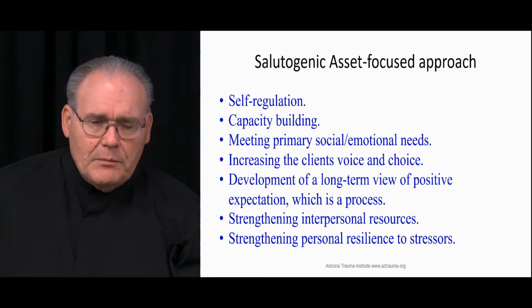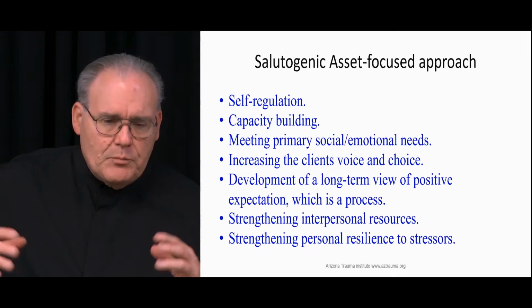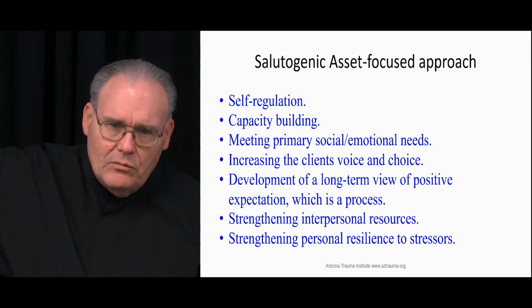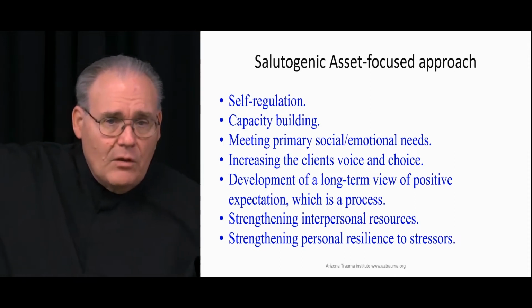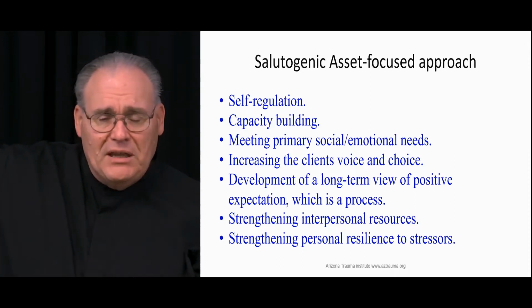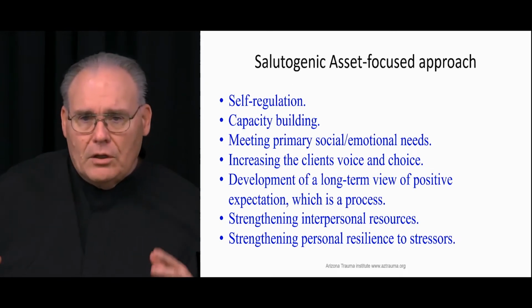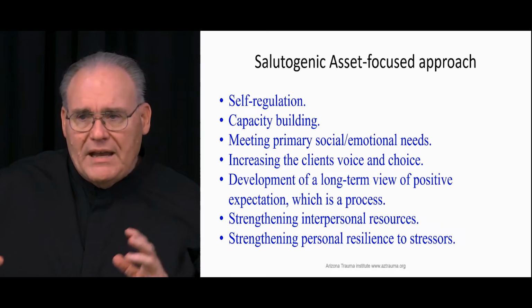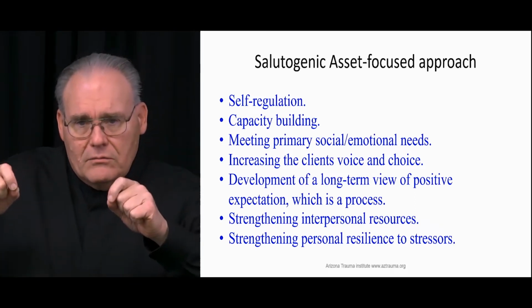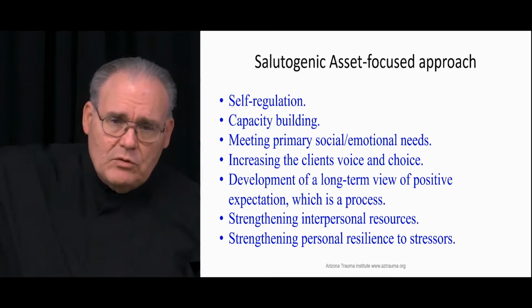We have to develop a long-term view of positive expectation, which is a process. Everybody can have wonderful goals that really are amazing, but unless you have a long-term view of positive expectation, you're not going to take the daily actions necessary, repetitively, to move there.